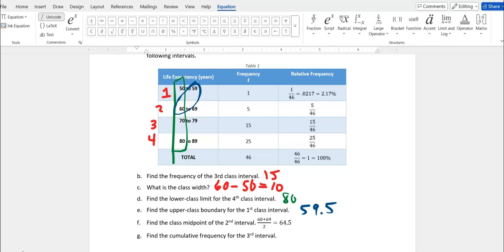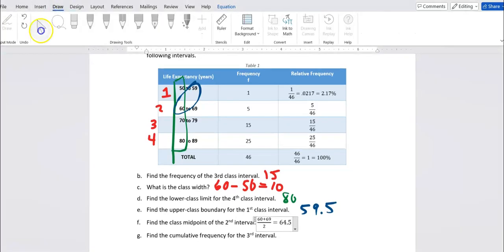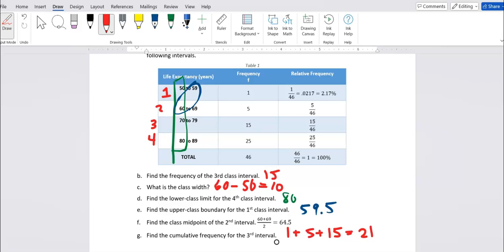The cumulative frequency means you add up all the frequencies in that interval and all the intervals before that. So you accumulate the frequencies. For the third interval, we add up the 1 plus the 5 plus the 15, and that's going to equal 21. So the cumulative frequency for the third interval is 21.